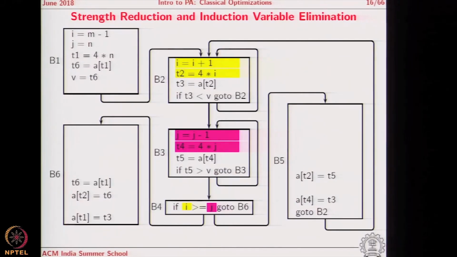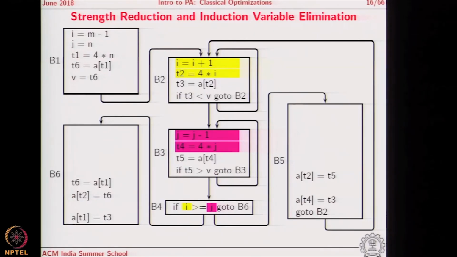Similarly, whenever I increments by 1, T4 increments by 4, that is guaranteed. What that means is, this comparison between I and j could as well be done between T2 and T4, because the values move in a lockstep fashion.